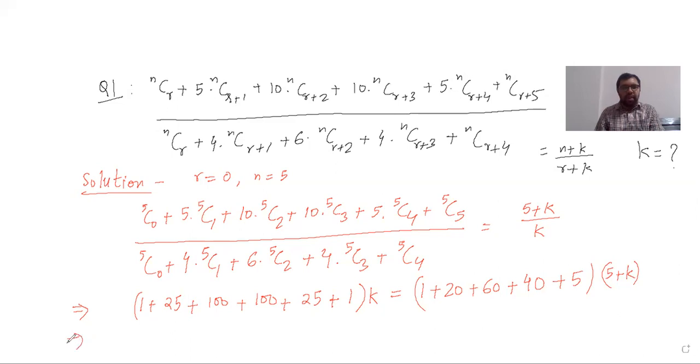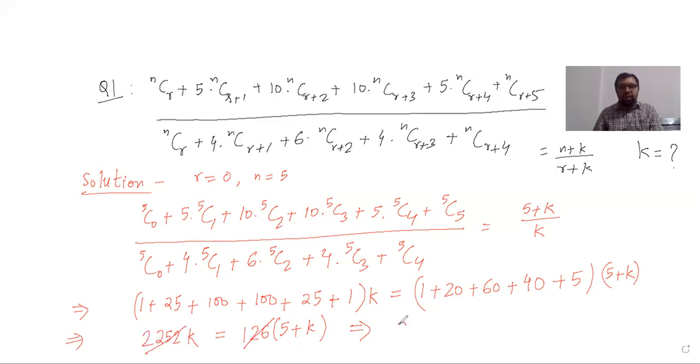Now if we simplify, 100 and 100 is 200, 25 and 25 is 50, so this becomes 250 and then plus 2, so 252 multiplied with k. This is equal to 60 and 40 is 100, plus 20 is 120, plus 5 is 125, and plus 1, so 126 into 5 plus k. 252 is nothing but double of 126, so if we cancel this term we get 2, because 126 multiplied by 2 is 252.